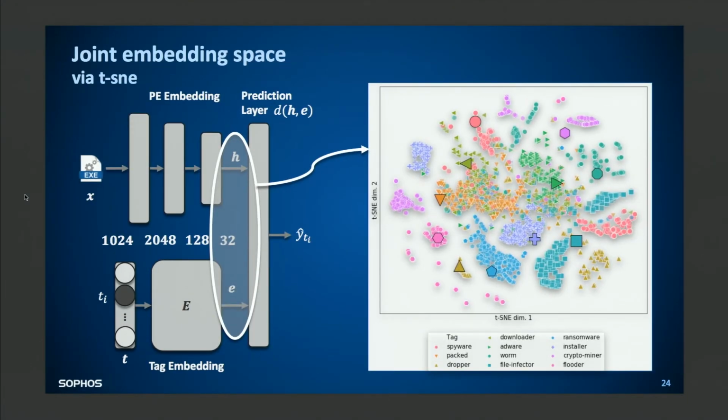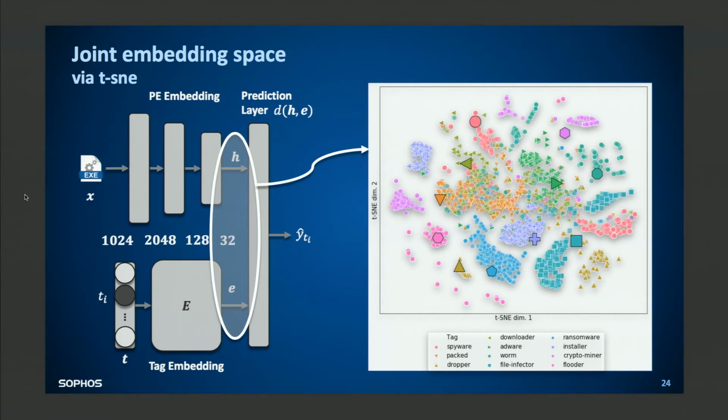Going back to why we think the embedding space is useful, it's very easy to inspect. By just looking at the representation in these 32 dimensions, we can easily visualize how samples relate to each other. What we're looking at here is a t-SNE representation of both tags and malware samples.